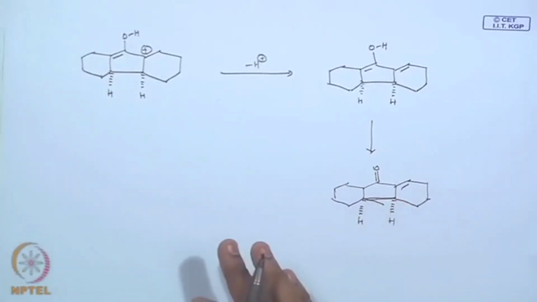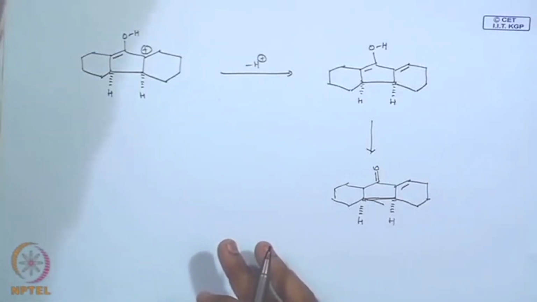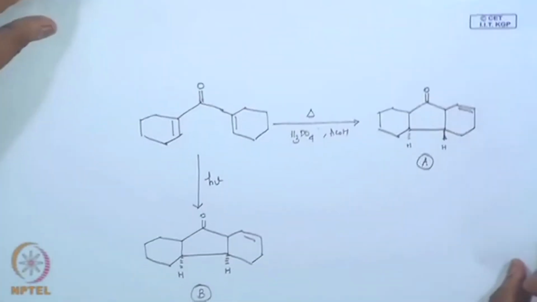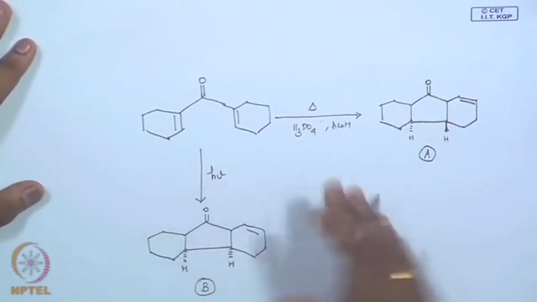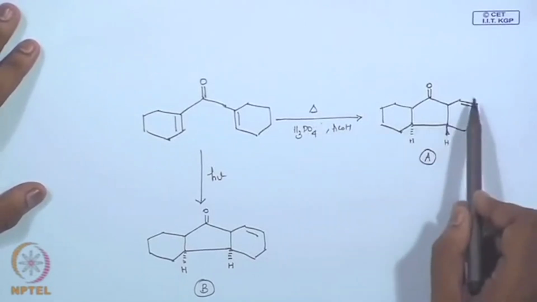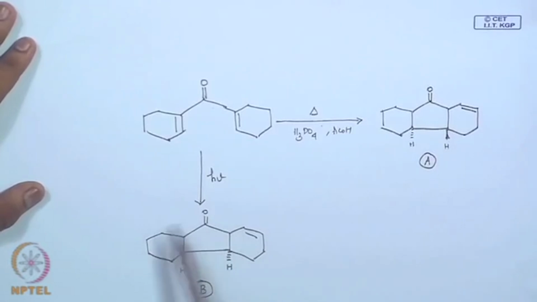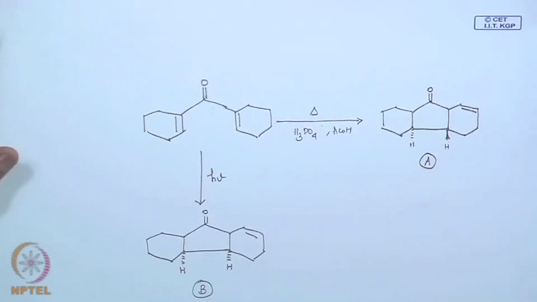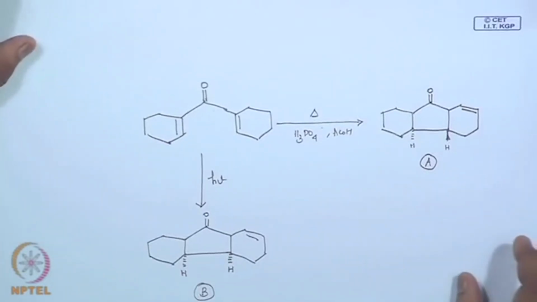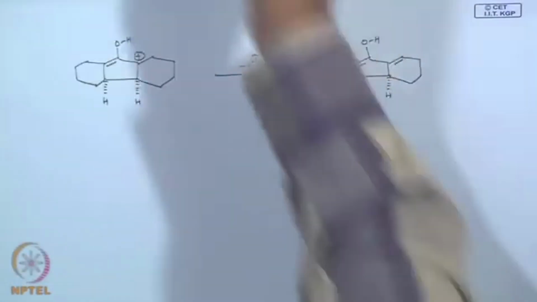You take a molecule, it's a 4n system, and on thermolysis you get a ring closure. Even in photolysis, you get a ring closure, but they are completely different in their stereochemistry. Clear? So this is more about your electrocyclic reactions.